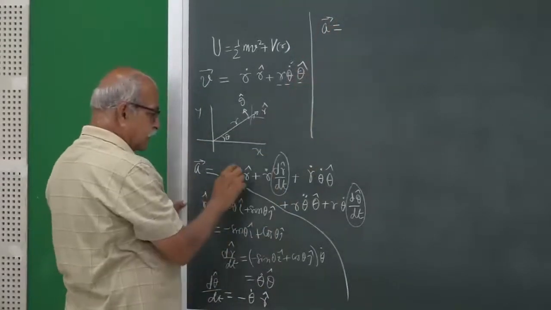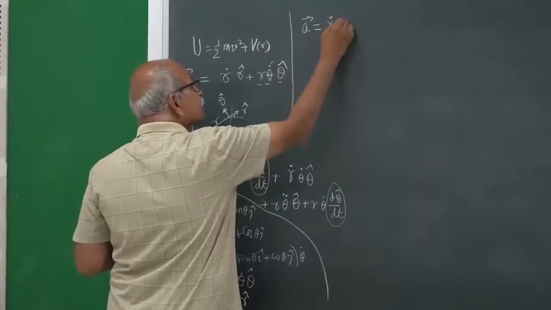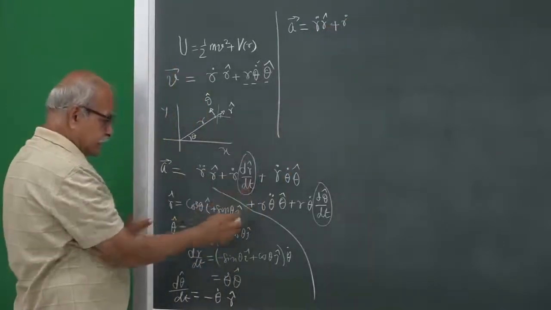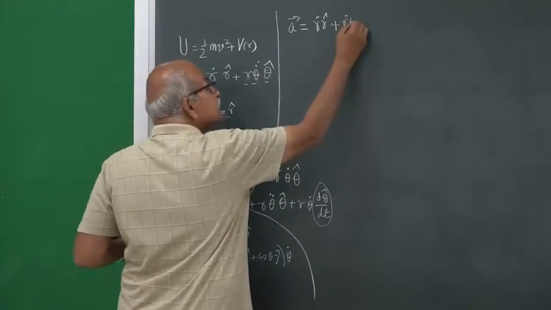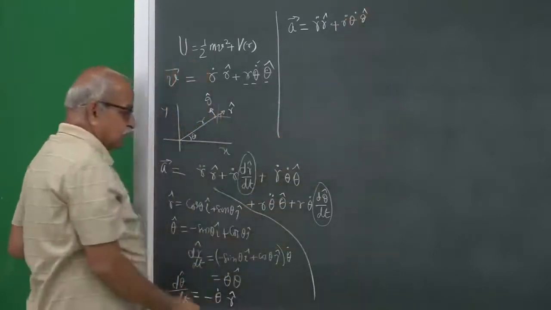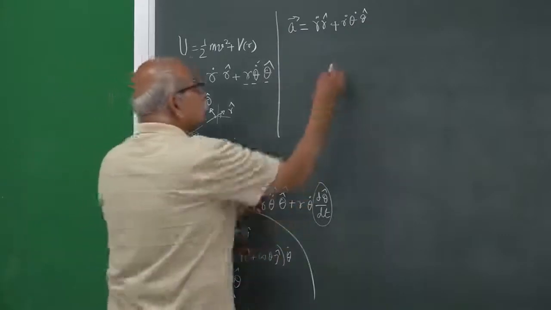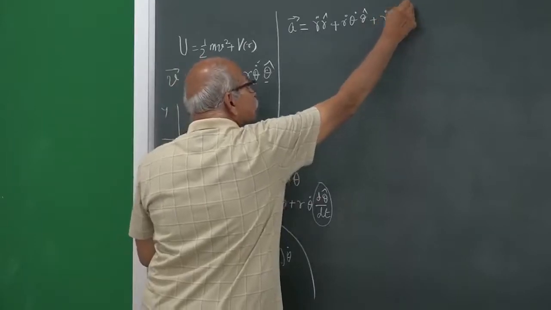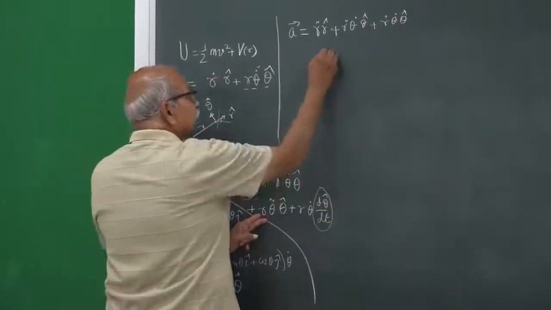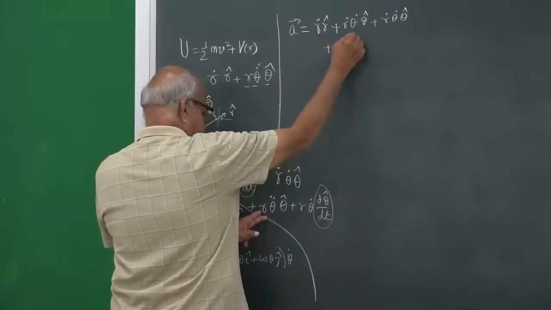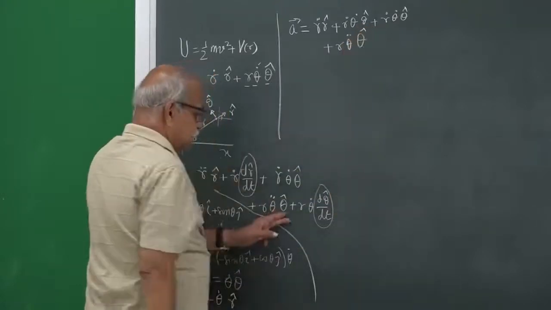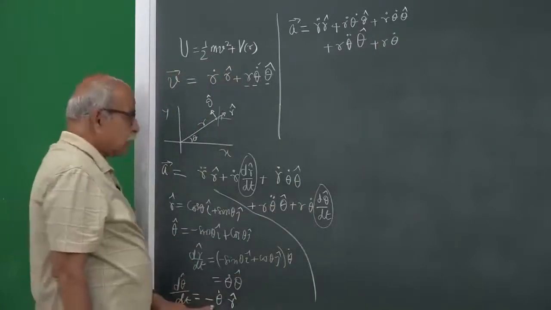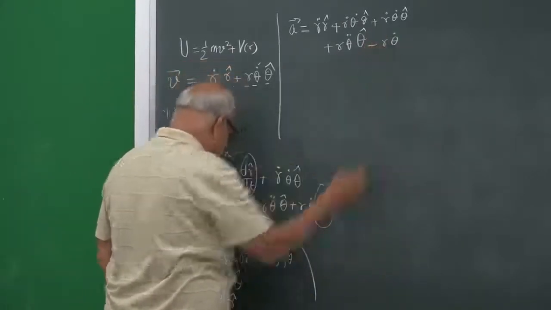acceleration is r double dot r cap plus r dot, and then dr cap dt is theta dot theta cap, then plus r dot theta dot theta cap here, then from here it is plus r theta double dot theta cap, and then you have r theta dot, and d theta cap by dt is minus theta dot r cap.